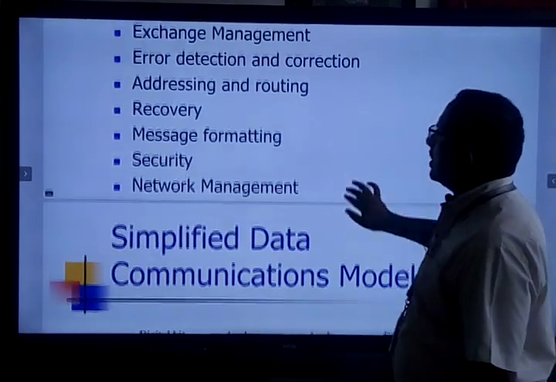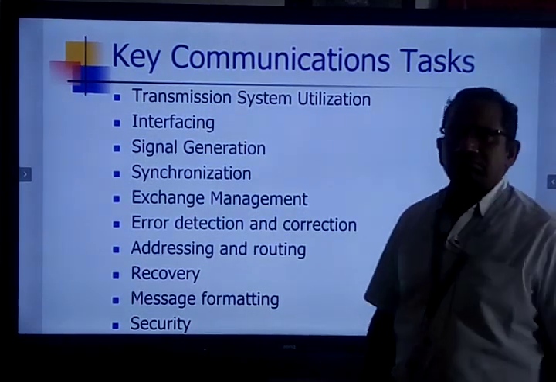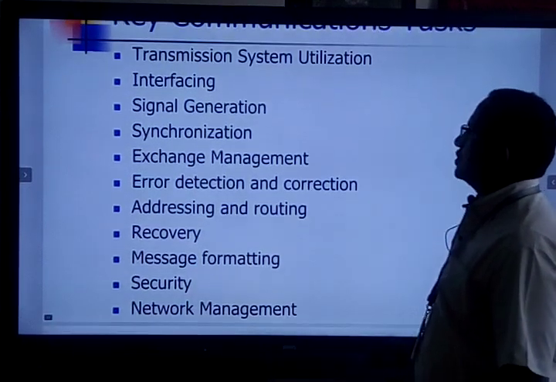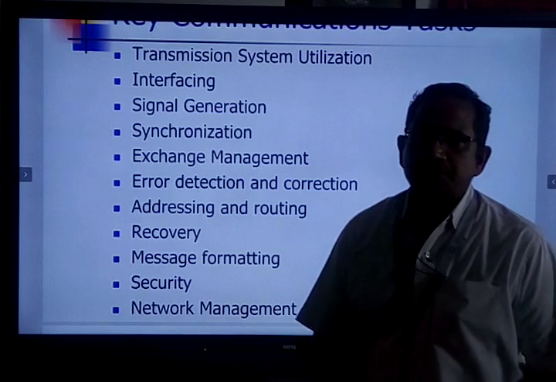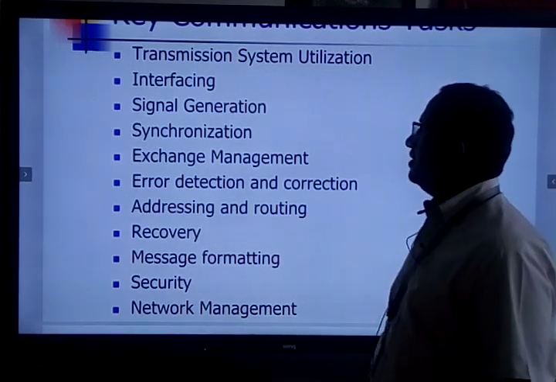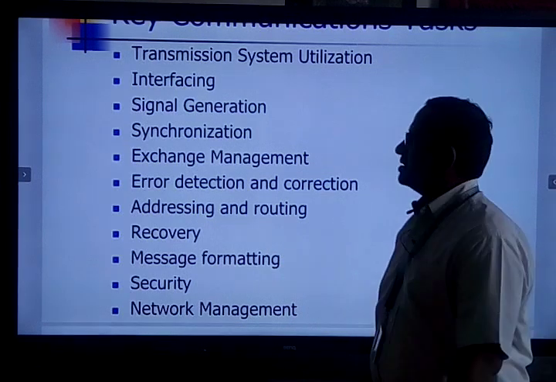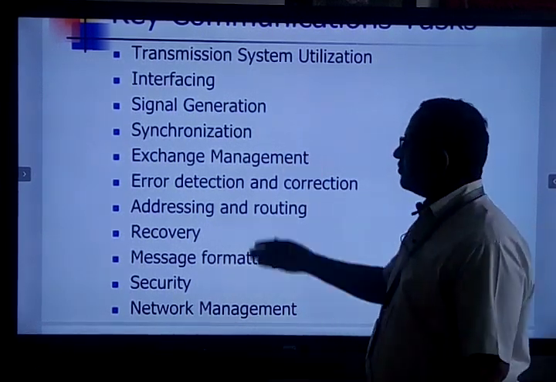After that, what are the various functionalities, tasks or procedures that need to be implemented in the communication system? First one is transmission system utilization. We must have a transmission system, something like a transmitter, and we need to provide interfacing between various layers in the network, and signal generation should be a separate part.